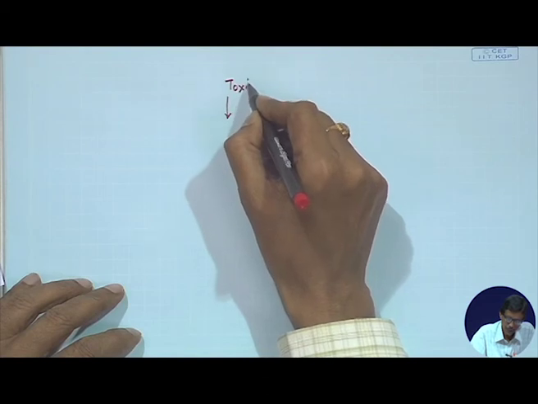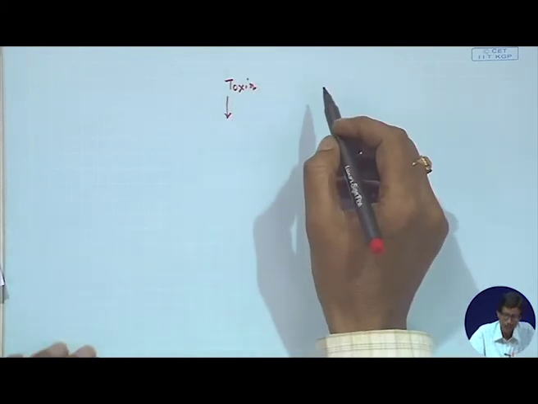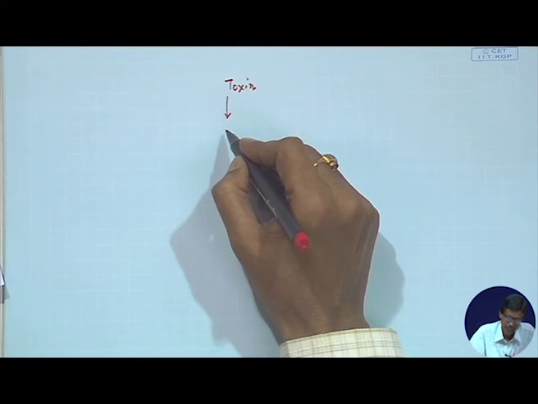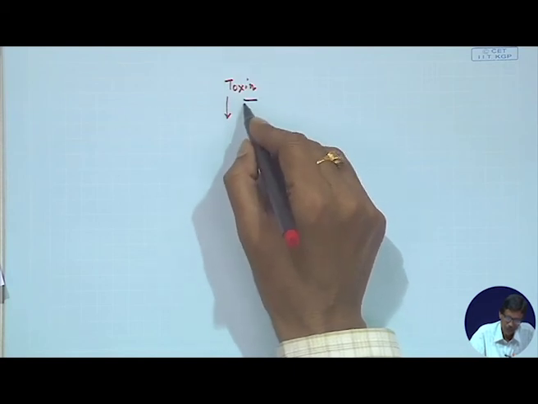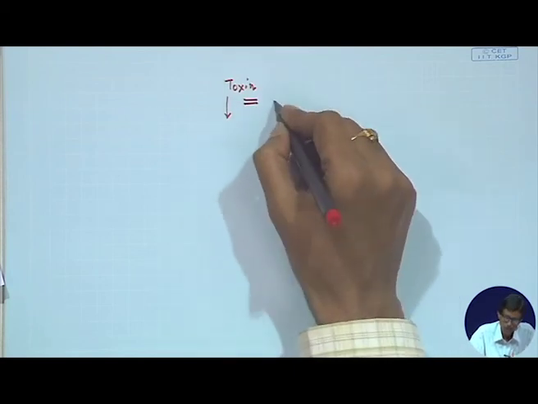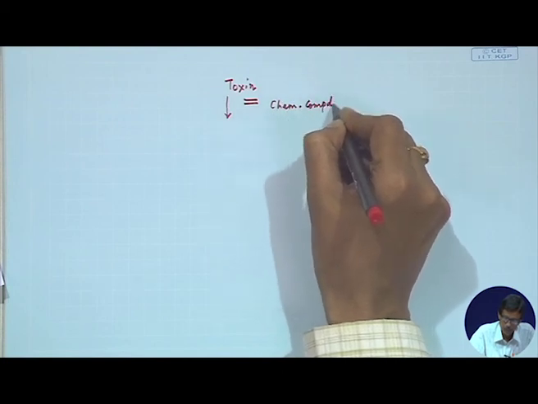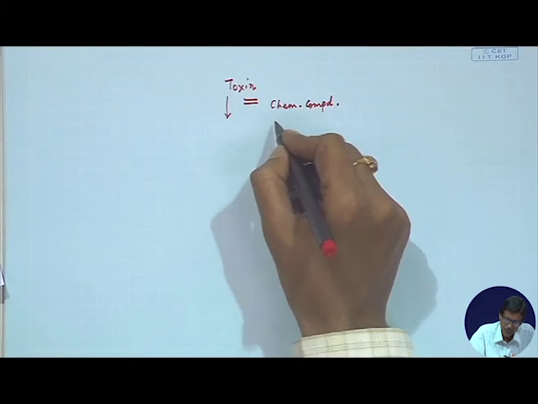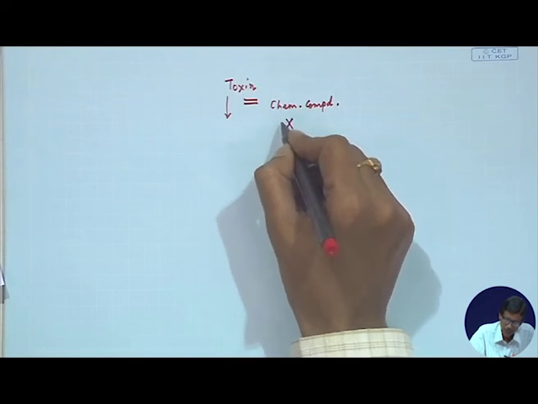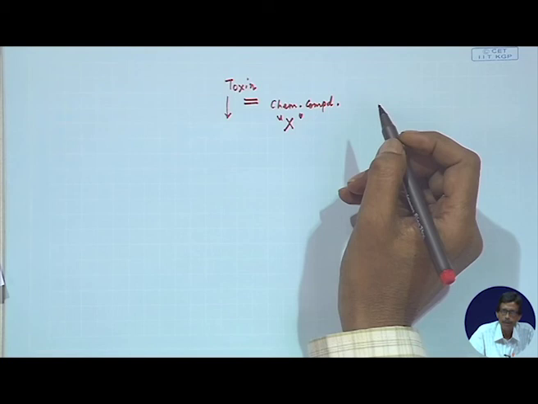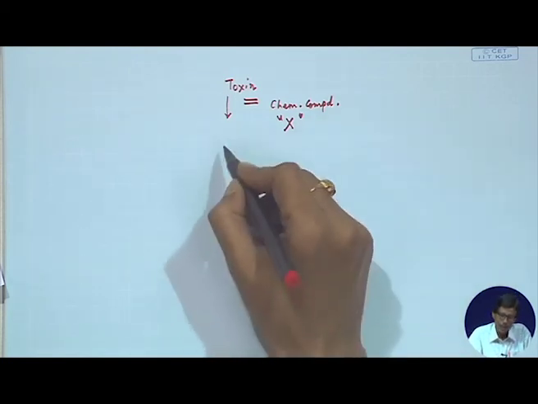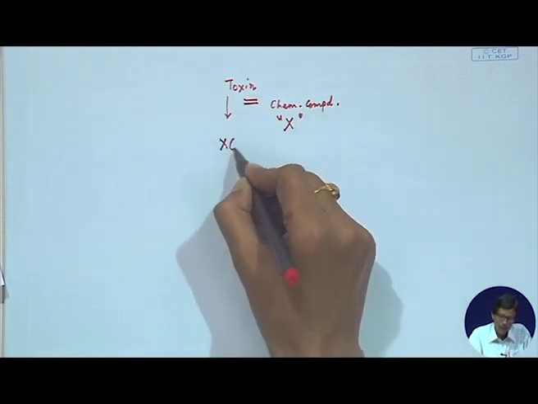We have some toxin and we try to analyze it, the toxin being a typical chemical compound. The idea is that if the compound is element based, the element X here is arsenic, we make some oxide.